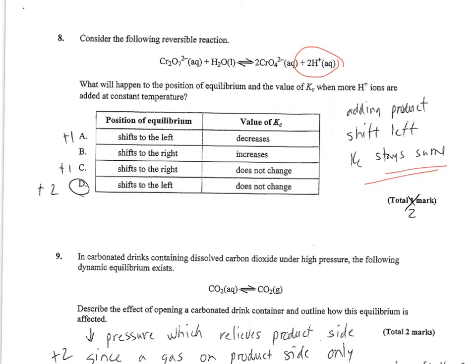Only temperature will change that equilibrium constant. So D would be the correct one. It shifts left but does not change the equilibrium constant. And again, I made that worth 2 marks and gave you 1 mark if you knew the effect of one of those two. And that's the paper 1 questions from our chapter 7 quiz.